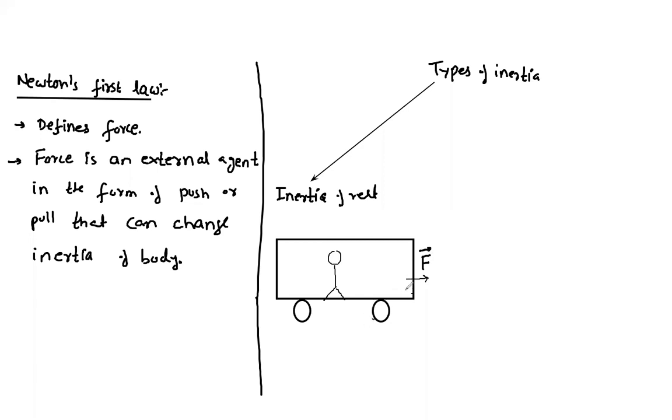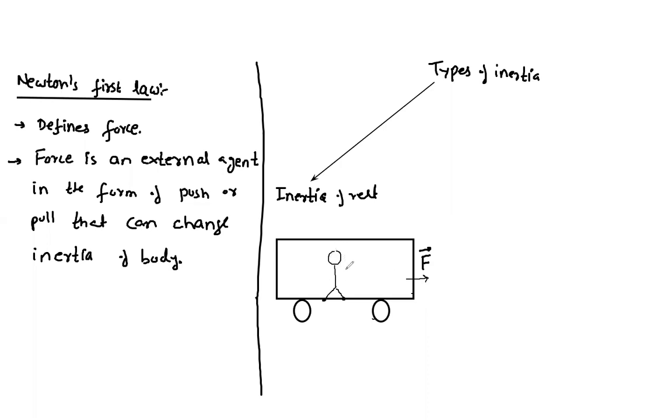As soon as the engine applies force, the bus comes in motion, means bus overcomes its inertia of rest due to this external force. That force also acts on this man standing on the bus. He comes in motion along with the bus.